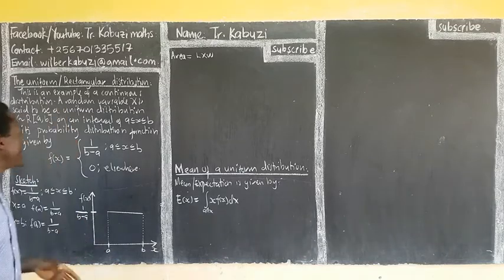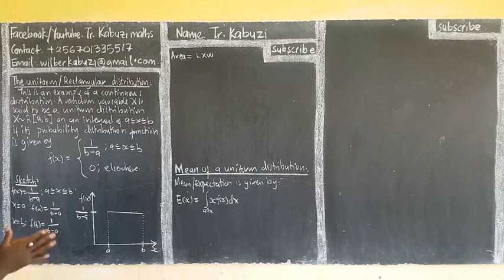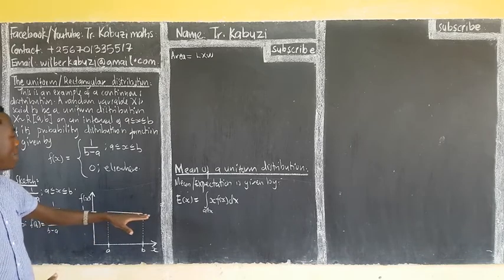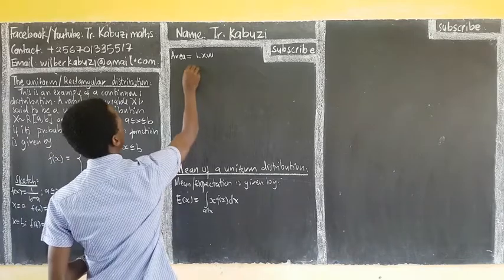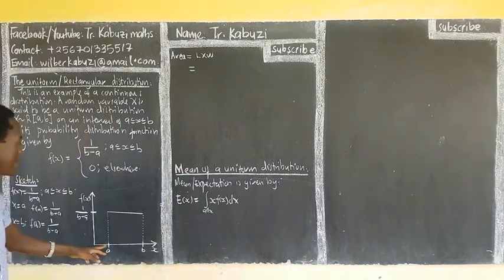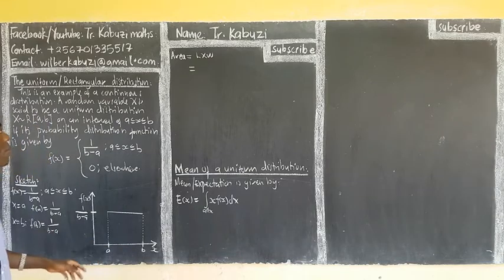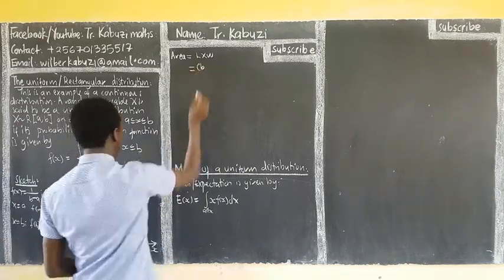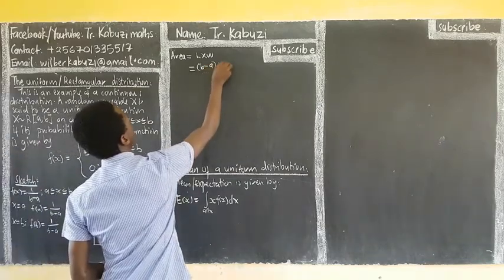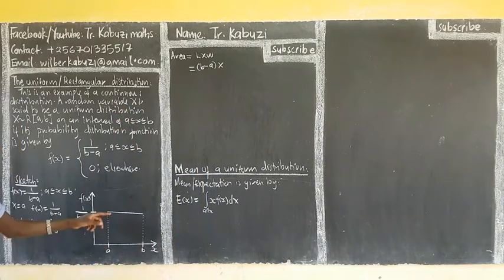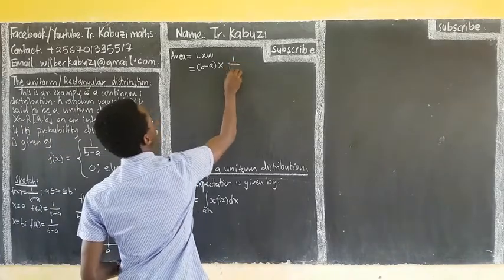And we want to see, is this a perfect PDF? Something is called a PDF if the area under that function is 1. Since we are getting a rectangle, we know the area of a rectangle is length times width. The length from here up to here is b minus a, times the width, which is 1 over b minus a.